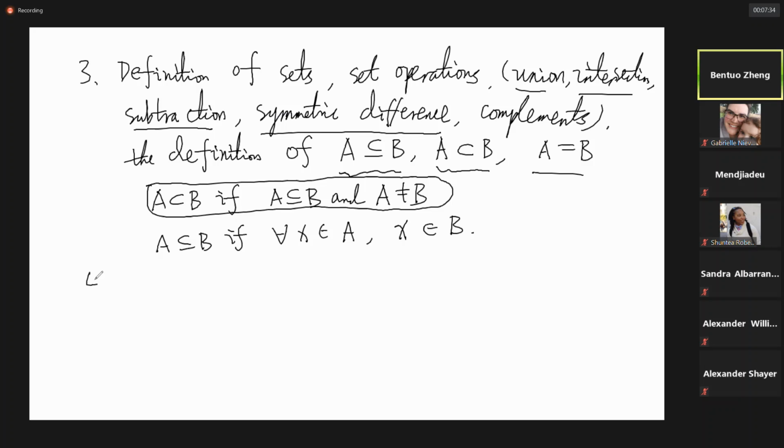Okay, so number 4 is De Morgan's laws. First you have to know the statements, and second you know the proof.